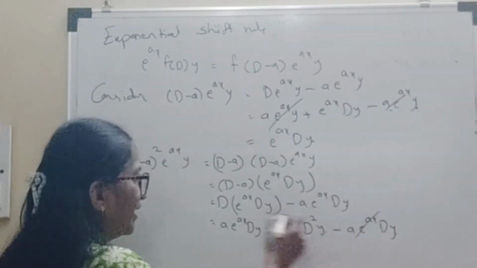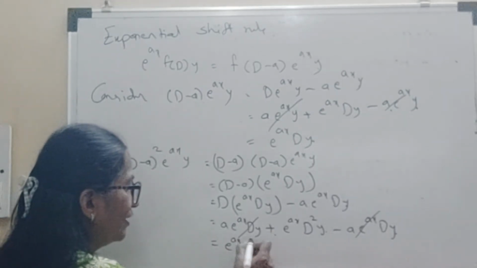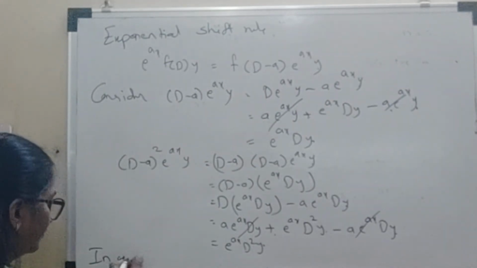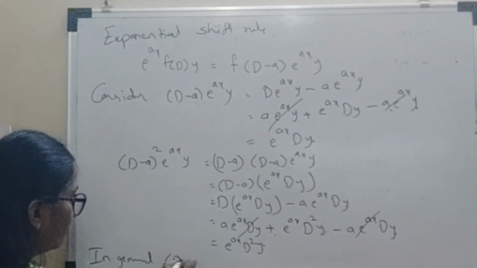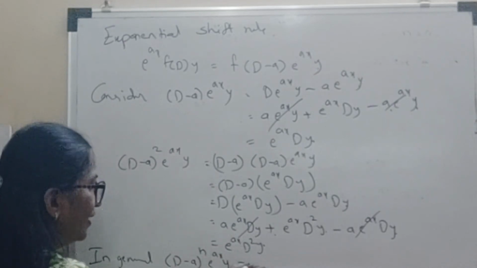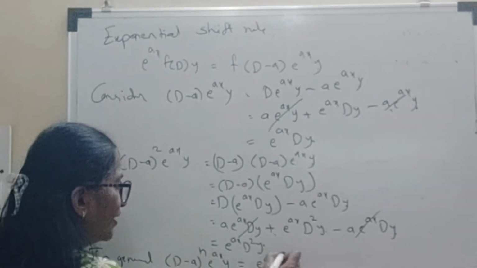Again this first term gets cancelled and we have just e^(ax)·D²y. So in general, (D − a)^n operating on e^(ax)·y is equal to e^(ax)·D^n y.